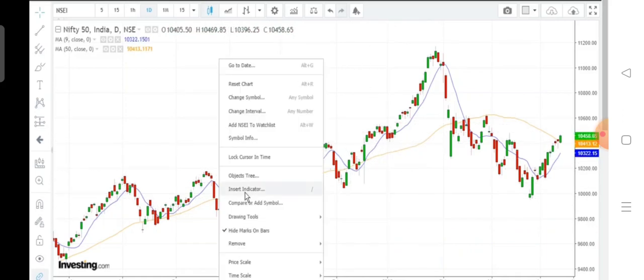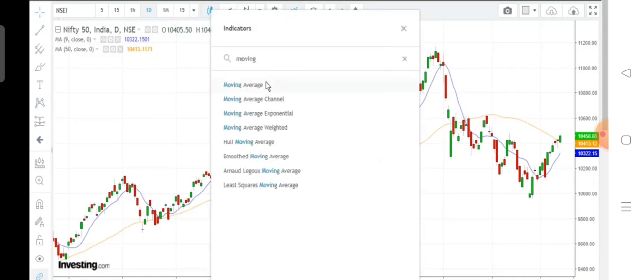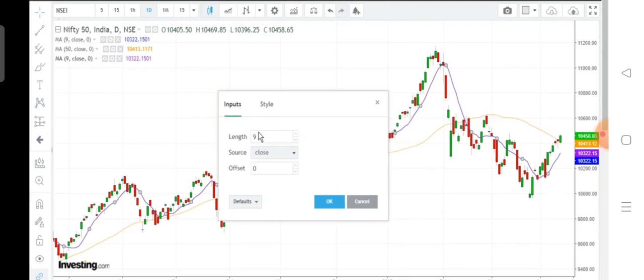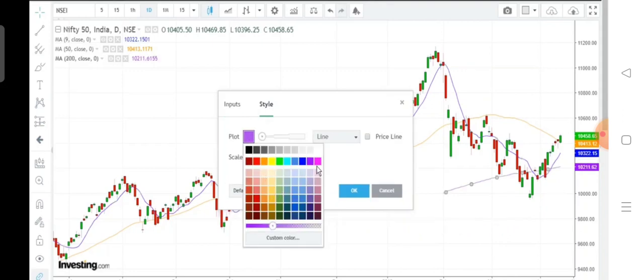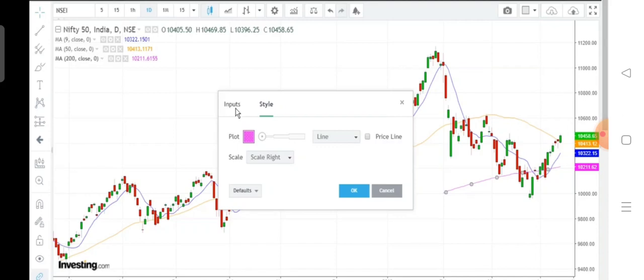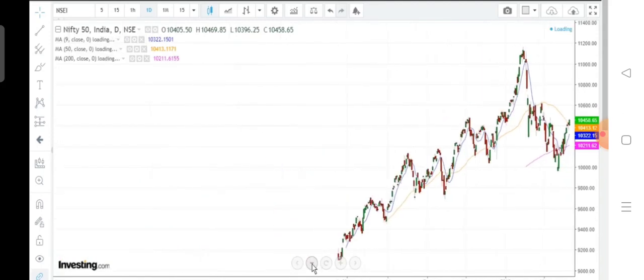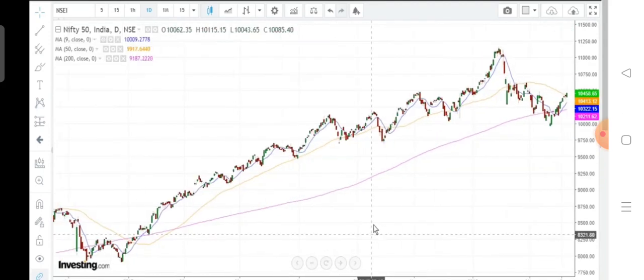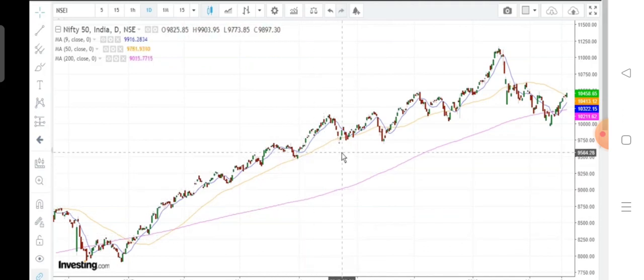Now if we look at an even longer term moving average, like if we want to select the 200-day moving average, let me select it here and put the value at 200. So here we are getting the 200-day moving average, and we can see that it is even smoother than the 50-day moving average.